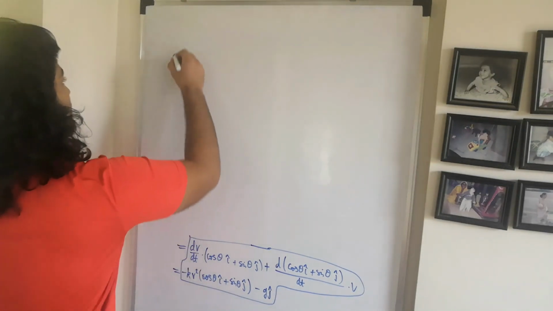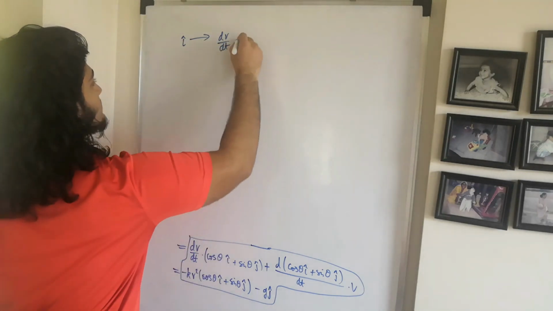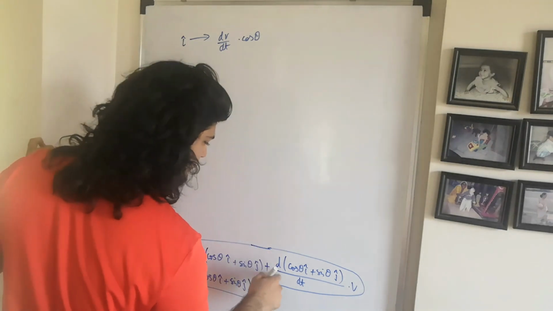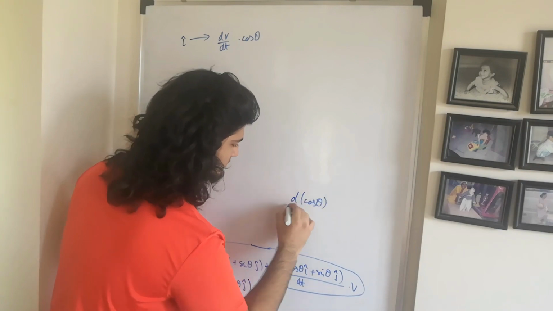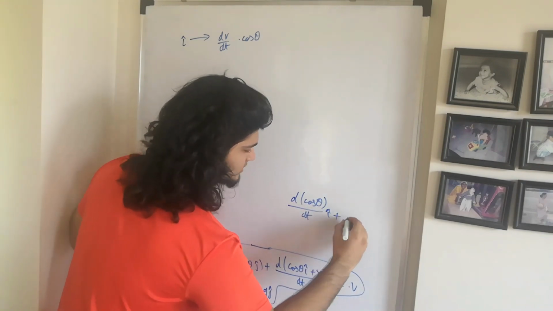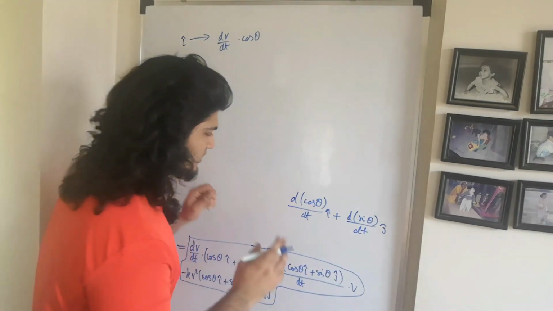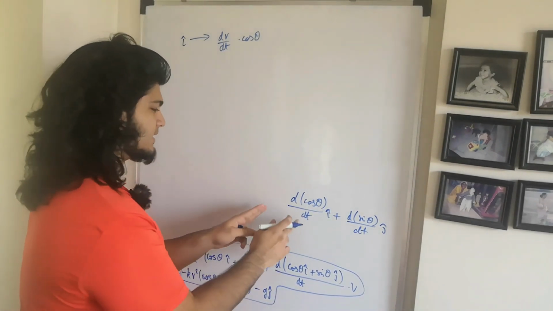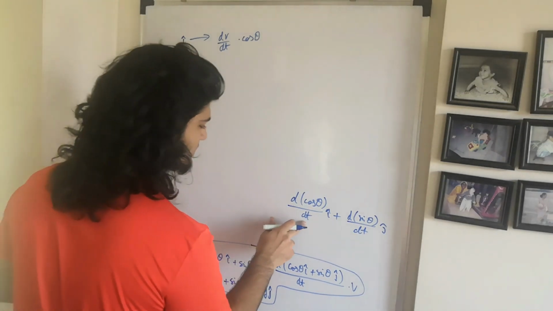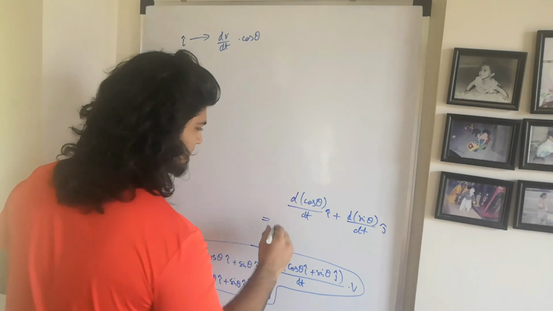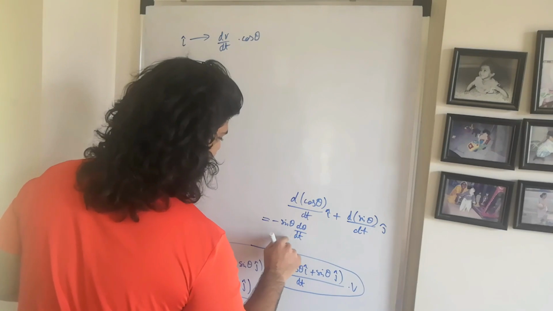So first of all, we'll do i hat. So we'll have dv by dt times cos theta. From here we can split this up into d of cos theta over dt i hat plus d of sine theta over dt j hat. Once we split it up like that, we can write this in terms of theta and d theta by dt. Now d cos theta by dt, using the chain rule, is nothing but minus sine theta d theta by dt, because theta is a function of time.